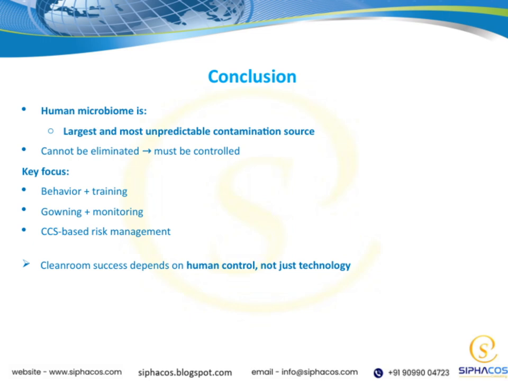Additionally, incorporating CCS-based risk management allows us to proactively identify and mitigate risks. Remember, the success of a cleanroom isn't just about advanced technology. It really depends on how well we control human factors. Ultimately, managing human presence and behavior is what keeps the environment clean and ensures quality.